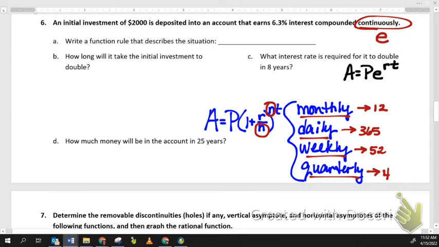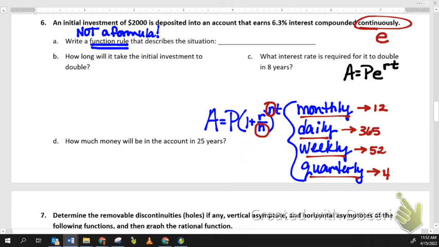Do you guys want to work through this one since we're here? Okay. One of the things I want to point out, function rule. This is not the same thing as a formula. A formula pretty much has only letters in it.